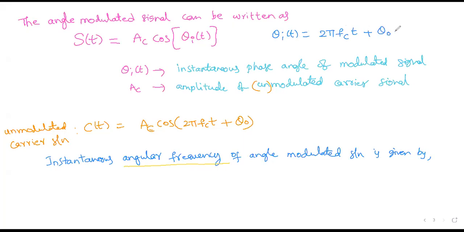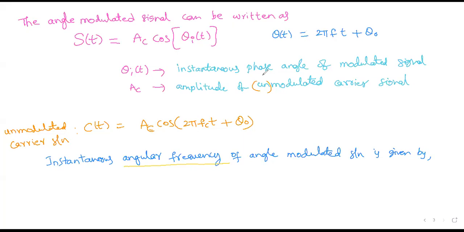Okay. So here we don't know whether we are going with phase modulation or frequency modulation. Hence I'll not write this as fc, rather I'll write this as fi. In simple words, I'll just write theta of t as 2 pi f t plus theta naught.